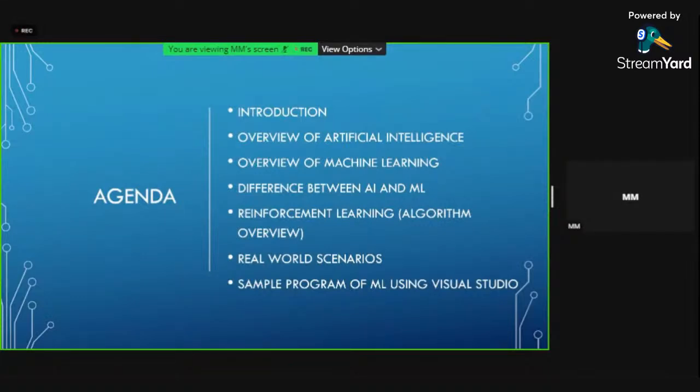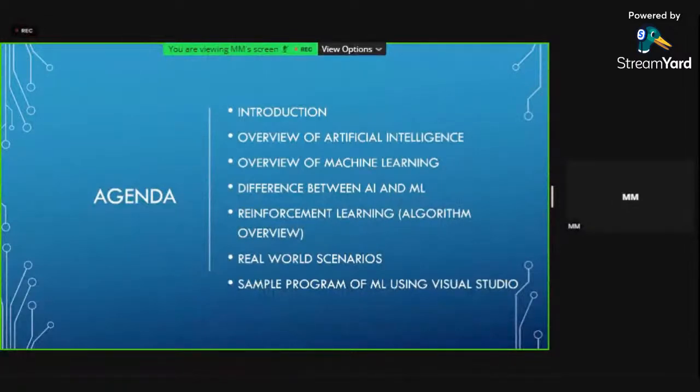We'll see it at a high level, and we'll see a real-time application based on reinforcement learning, how the data is learned, what kind of situation it presents, and how it can be used by people in a real-time situation. We'll cover this in a real-world scenario, and if time permits, I'll show you a few sample programs, what their structure is, and how we can write them using Visual Studio for machine learning.